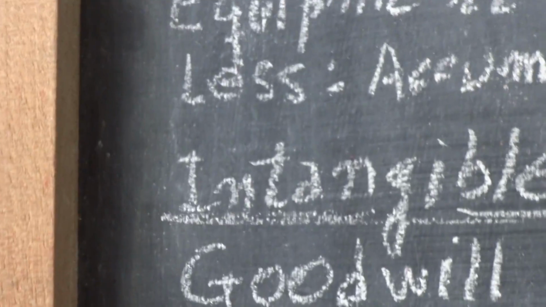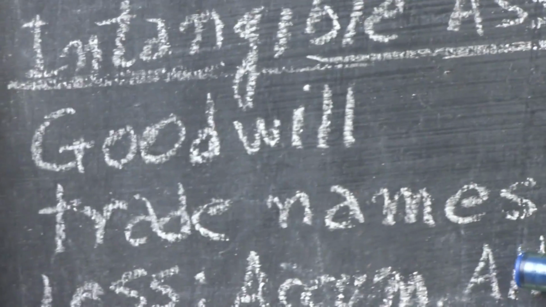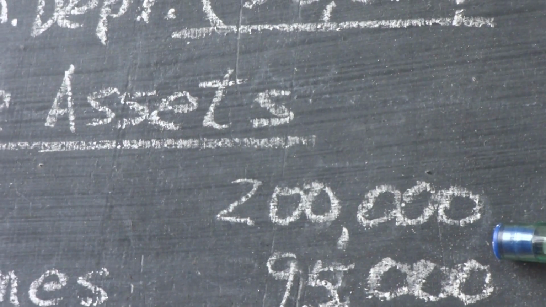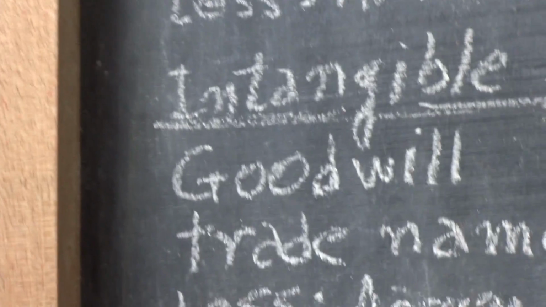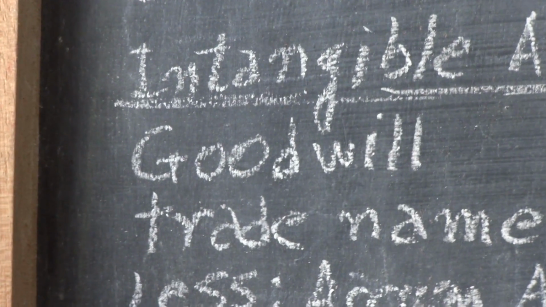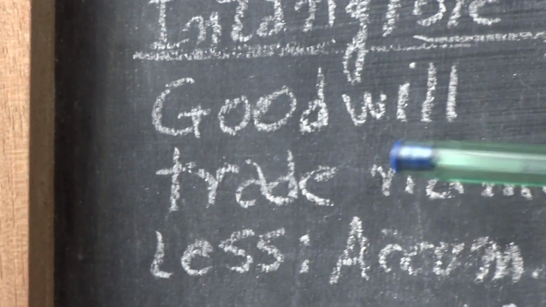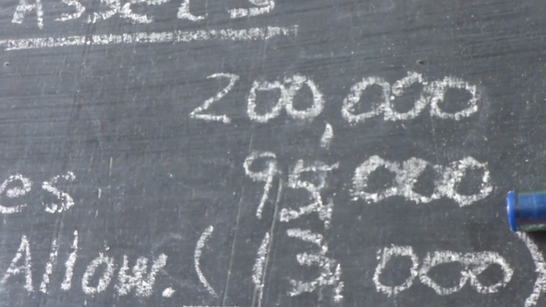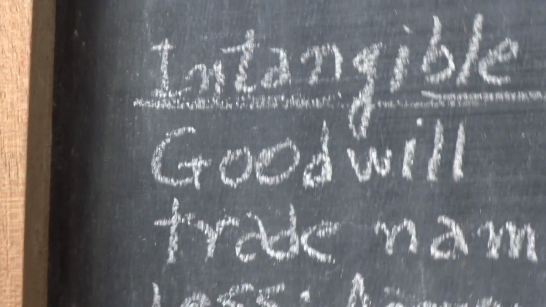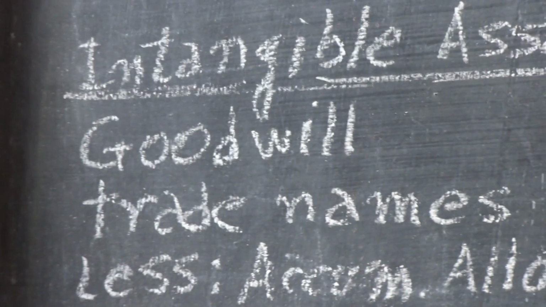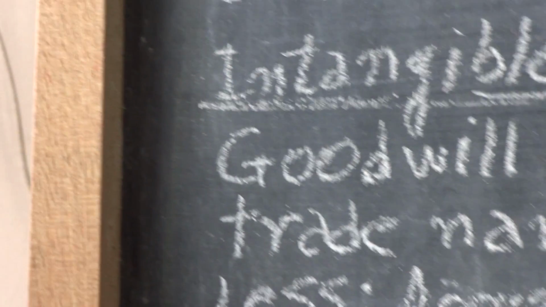Then we have intangible assets by $282,000, composed of goodwill and trade names. The goodwill for $200,000 is the reputation that the company has within society. It has a worth. Then we have the trade name by $95,000, which is the value of the products that Bright sells to its clients.